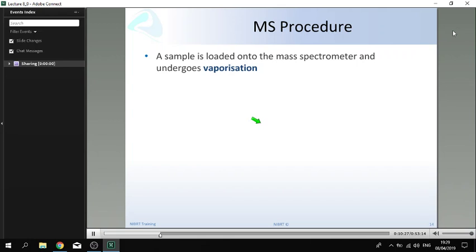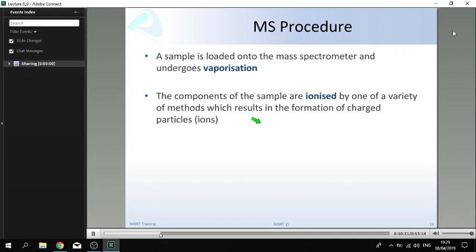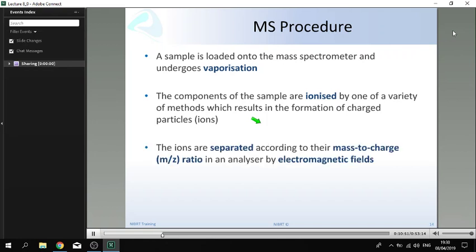So our sample needs to be transformed into a gaseous phase. We want to have our sample as gas.